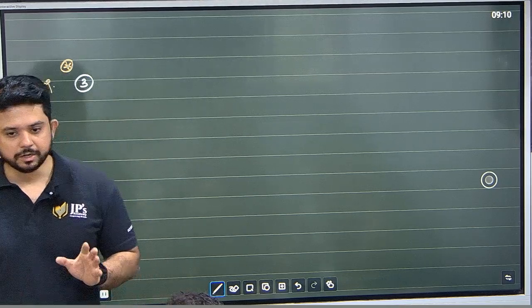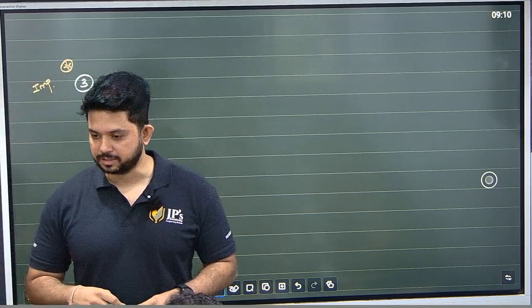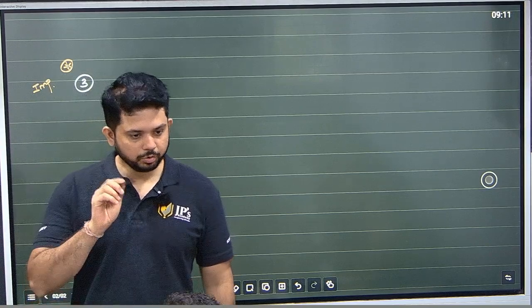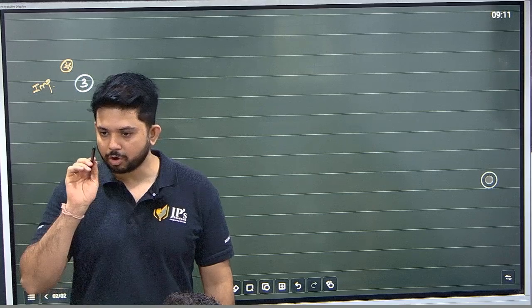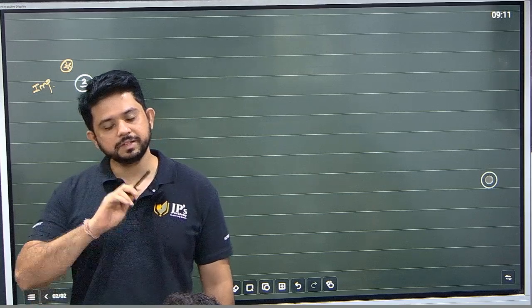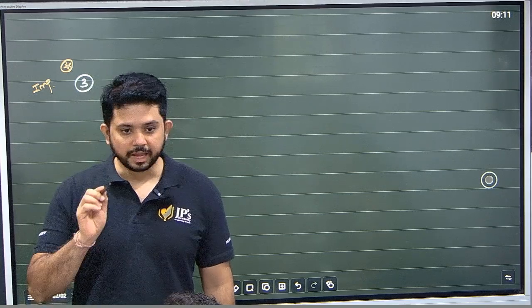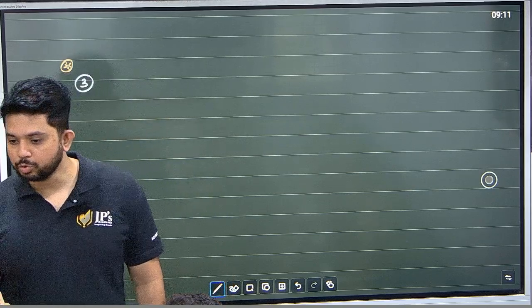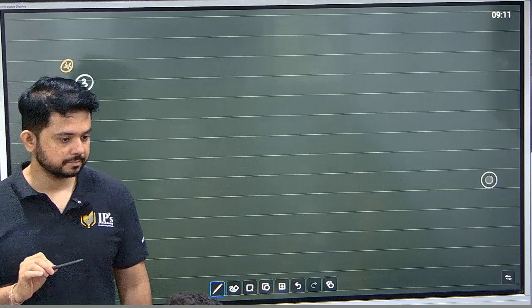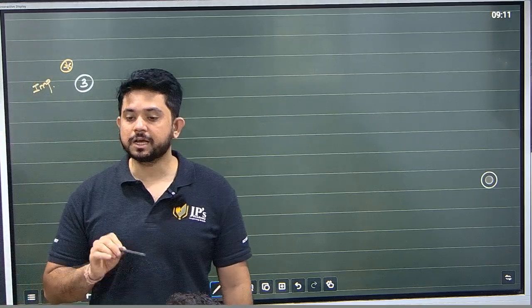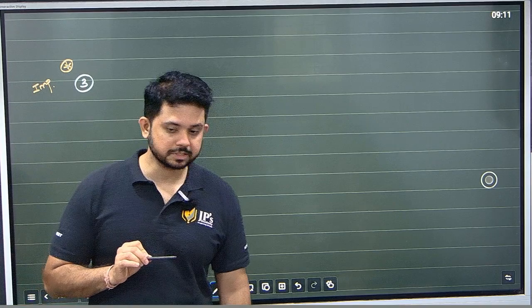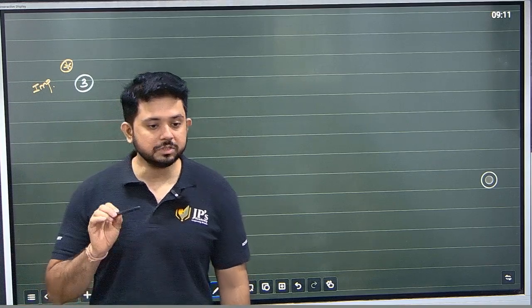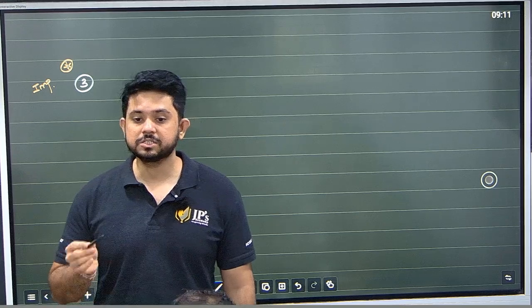Bohr said that no, it doesn't work like that. Bohr said that there are certain orbits in which when the electron revolves, the electron doesn't lose energy. Such orbits are called ground states or stationary orbits.